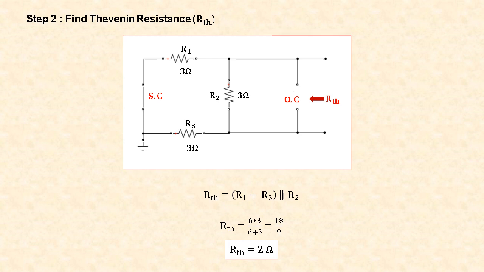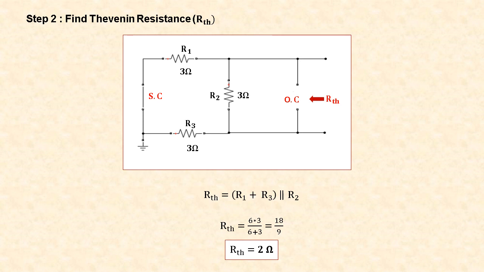For that we have to remove the load resistor, short circuit the voltage source and open circuit the current source. Short circuit means voltage will be 0. Open circuit means current will be 0. Now the resistors R1 and R3 are in series and their equivalent is in parallel with resistor R2.